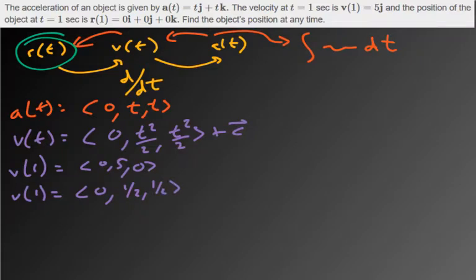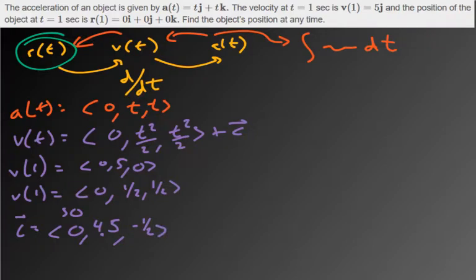So that means that the c vector definitely has 0 in the i component, 4.5 in the j, and minus 1/2 in the k component.